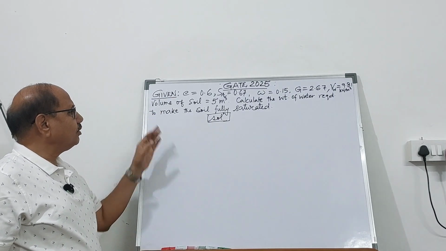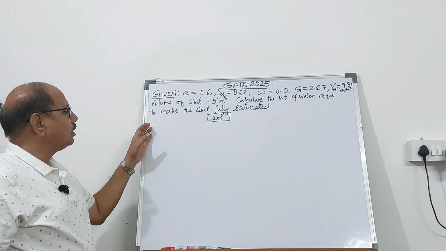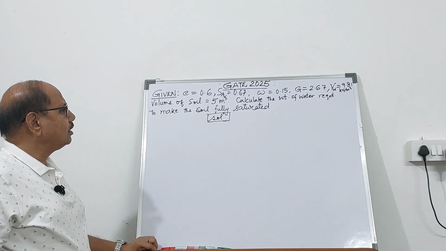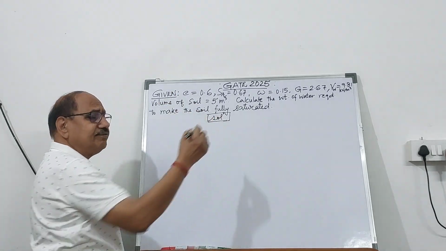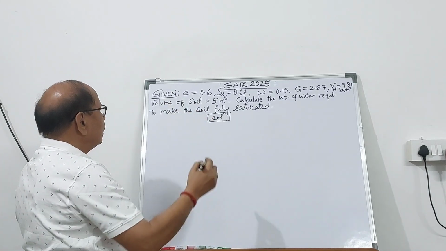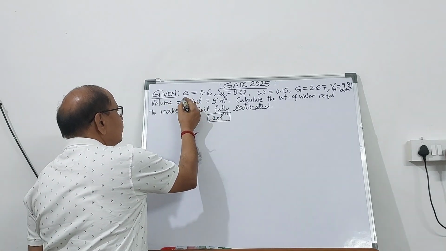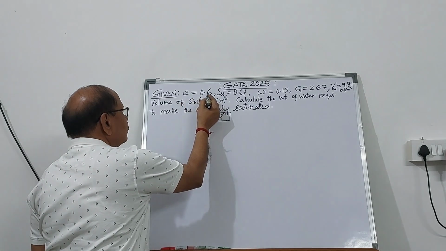This is the first problem, which is the given data for this problem. It is related to the three-phase diagram. You see this, the void ratio is given to you.